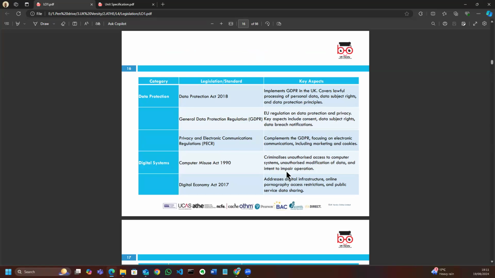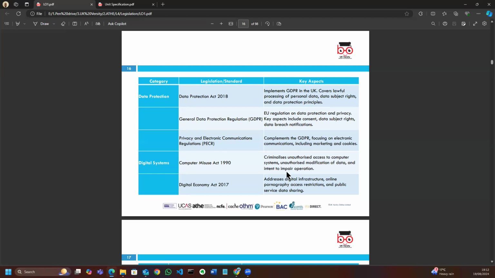We already introduced data protection earlier, where we said that it came into place in 2018. And what are the aspects? It is going to implement GDPR in the UK, covers all the lawful processing of personal data, data subject rights, and data protection.